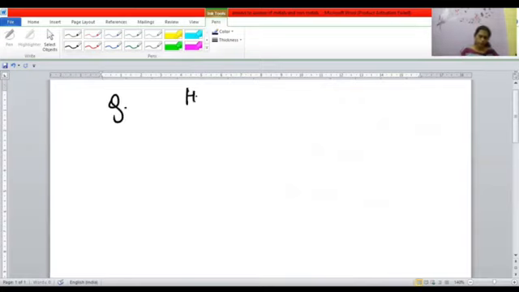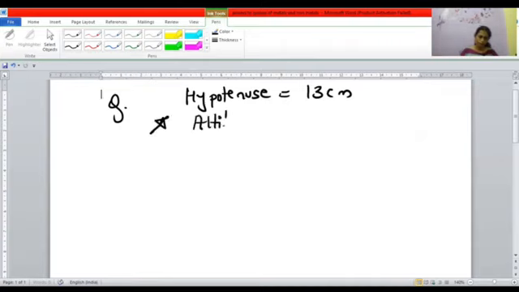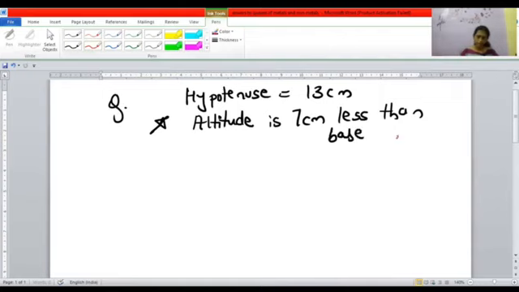In this problem, this is a right angle triangle. The hypotenuse is given 13 centimeter. And the condition which is given, that your altitude, that is your height, is 7 centimeter less than the base. So this is your right angle triangle, as we know. This is C, B, and A, right?